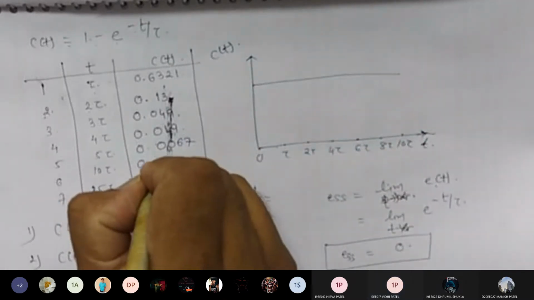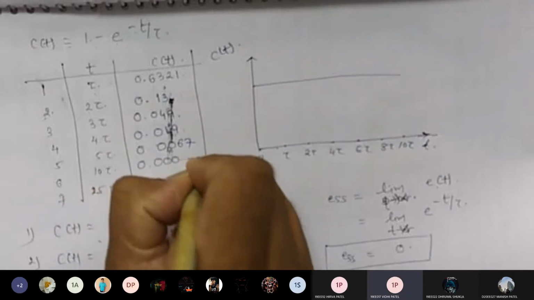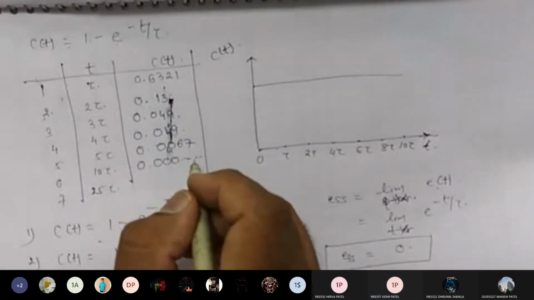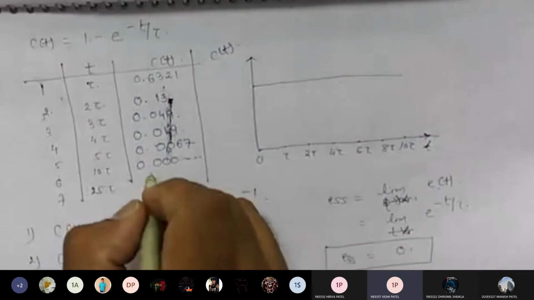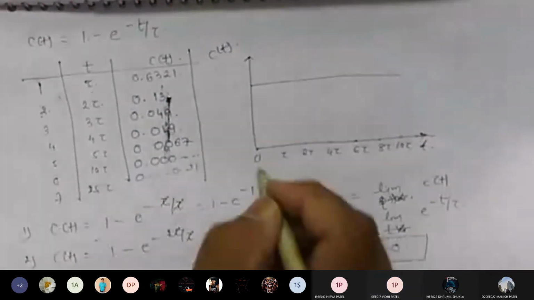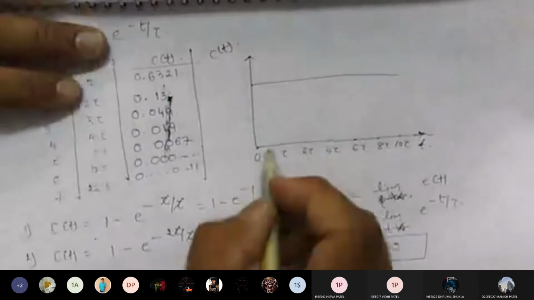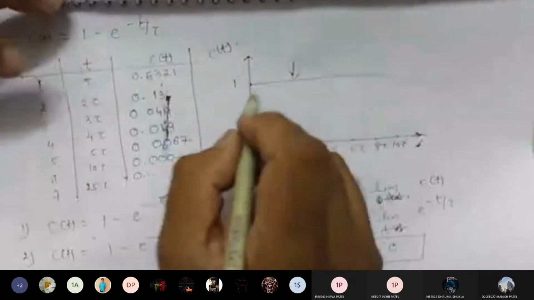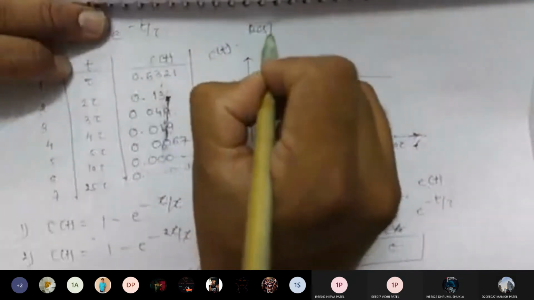4.53 into 10 raised to minus 5, 25t, 1.38 into 10 raised to minus 11. That means it is 11 something. So if I'm plotting the graph over here, for tau it is 0.63. Suppose the reference value is 1, because our reference value R(s) is equal to 1 upon s.